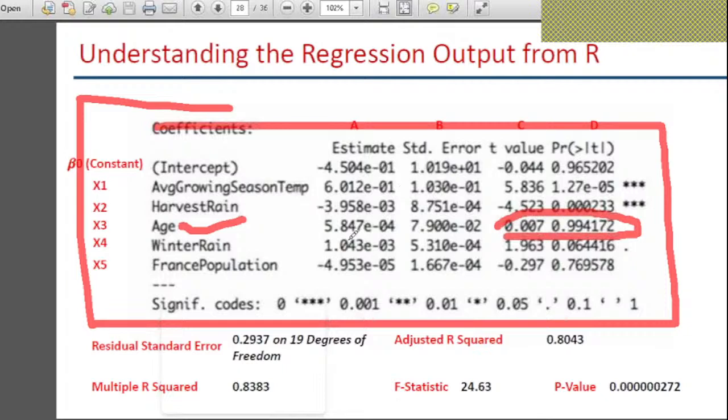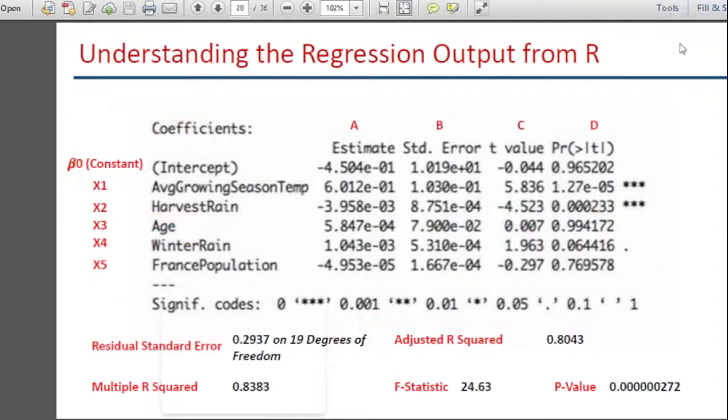When I put age and France population together, the model does not include age and France population. So I have to include either age or France population, and the industry experts will tell you to include the age of the wine, which is definitely more significant, right? Because industry expertise comes in here.